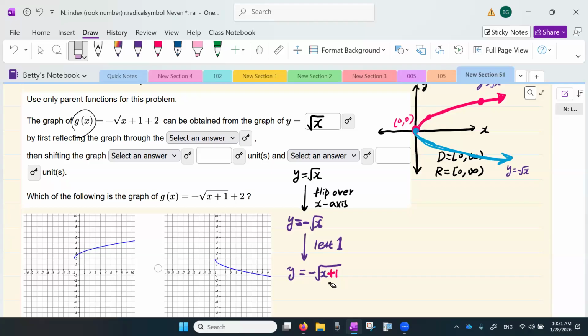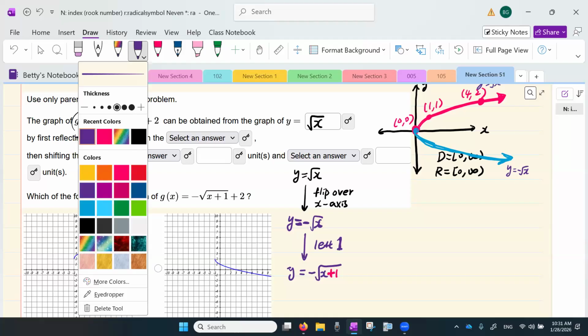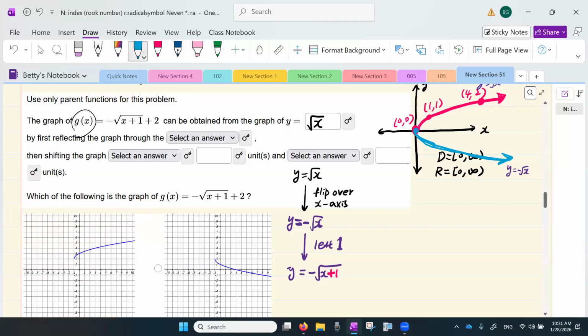So let's do this. This point is 1, 1. It is 0, 0, 1, 1, 4, 2, right? And this blue one here, this 1, 1 becomes 1, negative 1, right? 4, 2 becomes 4, negative 2, right?